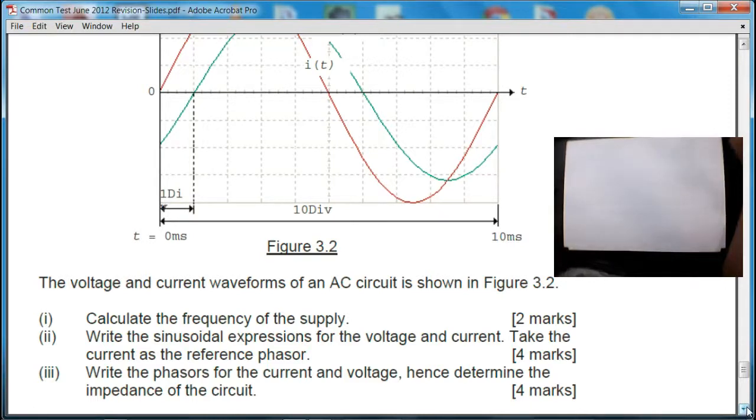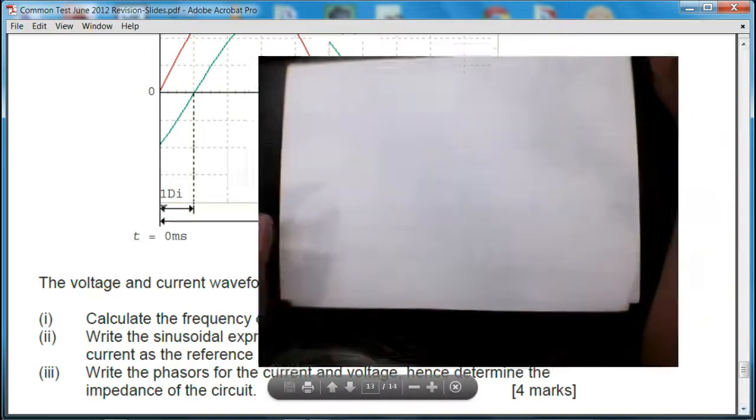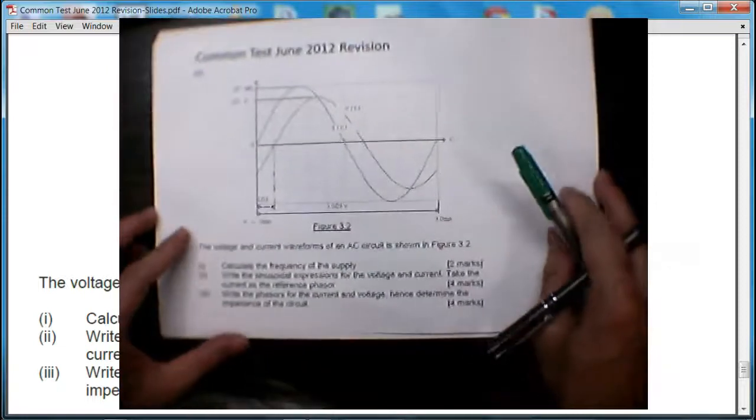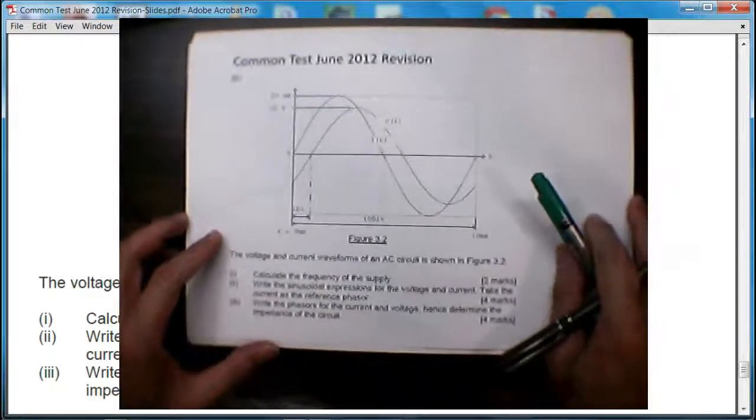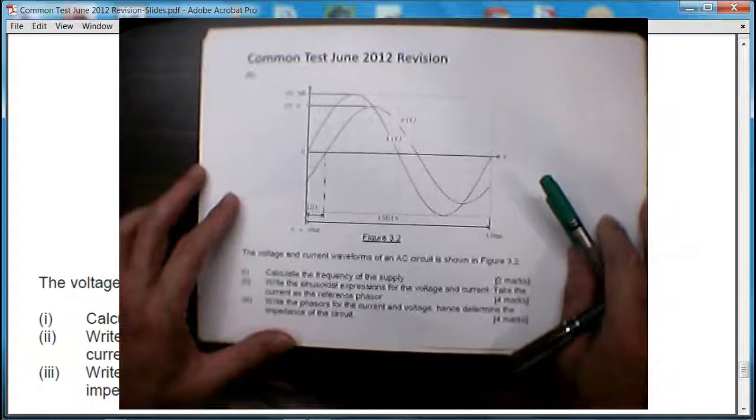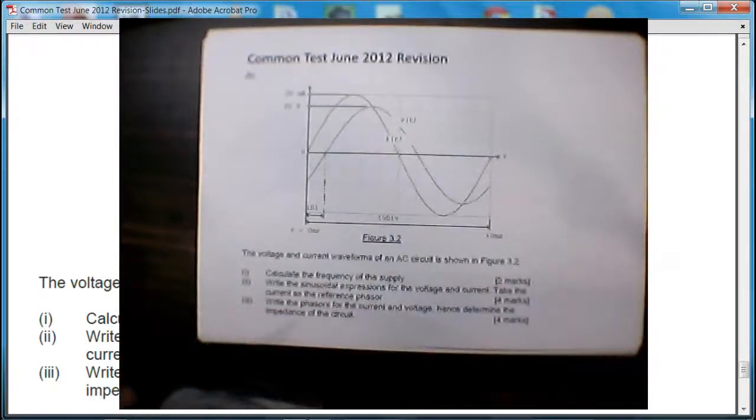Right, so how shall we start this part B? So let's look at what's required. Now, in order to do that, the first thing we need to do is to refer to the oscilloscope screenshot and to determine where is the cycle, one cycle.